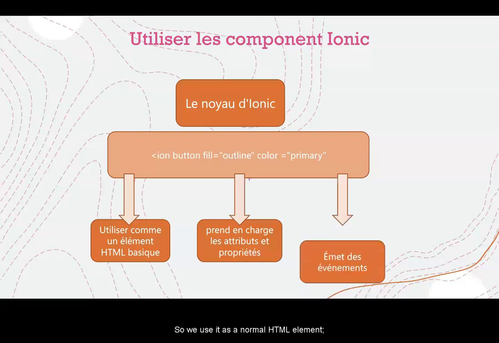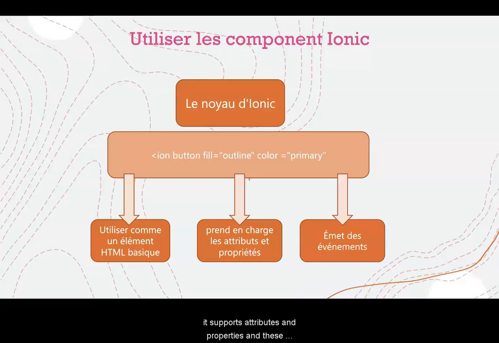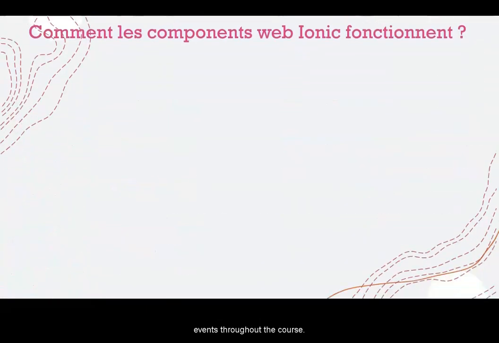So we use it as a normal HTML element. It supports attributes and properties, and these elements can also emit events. It's also very interesting. In fact, they emit custom events that you can listen to, for example, a special ion change event for some drop-down menus, and we will see some of these events throughout the course.